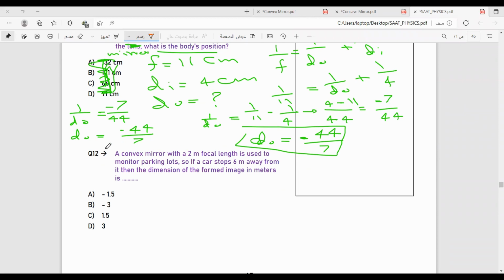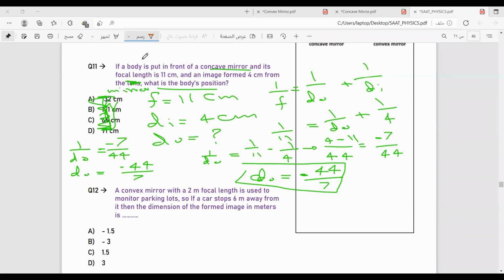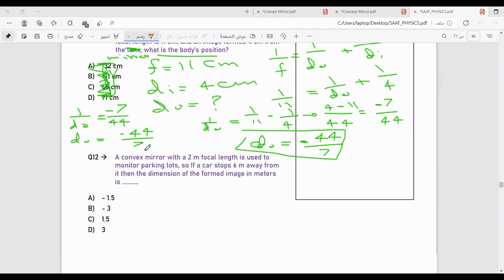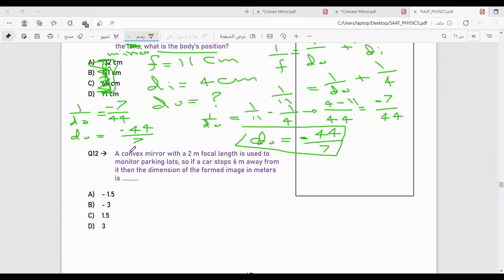We said that concave has 3 cases, but convex has only 1 case, and this case is always imaginary. So put in your mind that it is imaginary. Meaning here in the question, di has to be negative. And this is the way to get things.